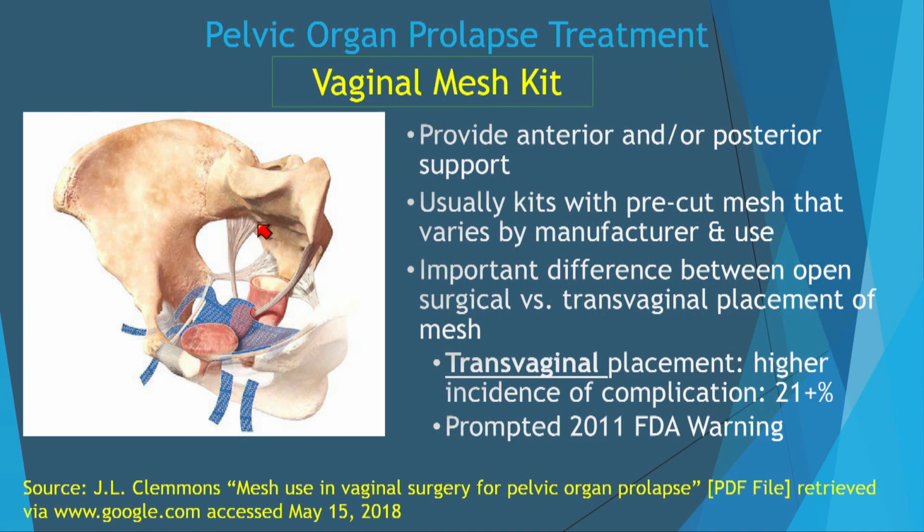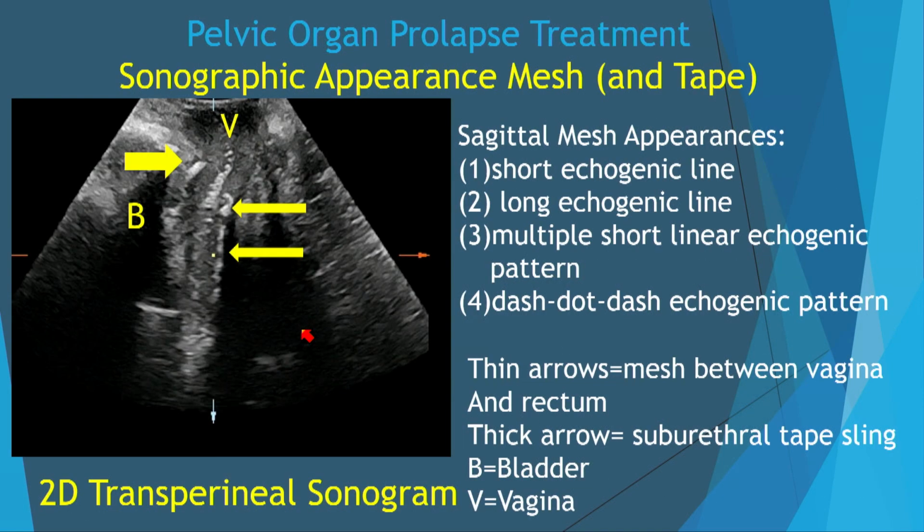The image on your left, again, is a schematic just showing a kind of way that this particular mesh fits behind the organs, and you can see here it tends to be flat and very, very thin. Well, in ultrasound, mesh has multiple ways that it can present. And so these are the major ways that one can see or identify mesh.